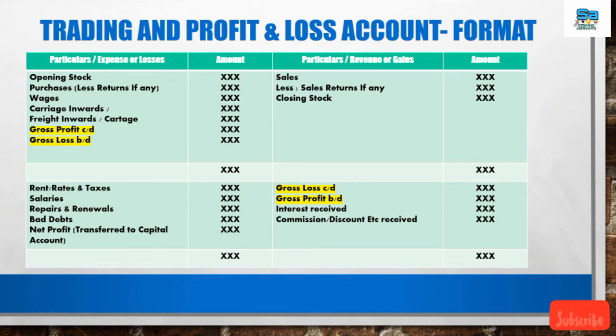So upon calculation, we will get the gross profit carried down that should be shown on the debit side of the trading account, and that amount will be carried to the credit side of profit and loss account after closing the trading account.